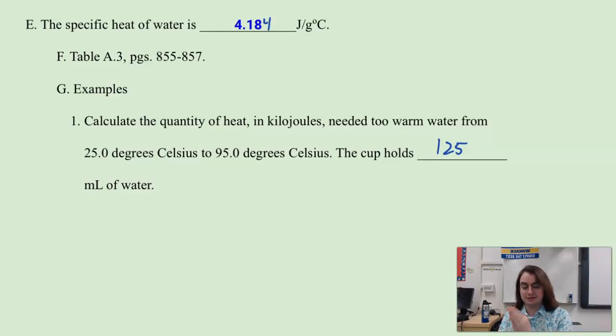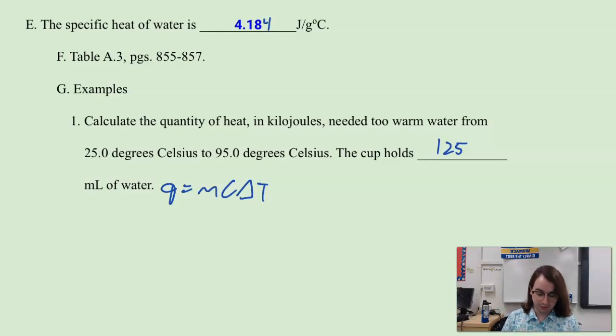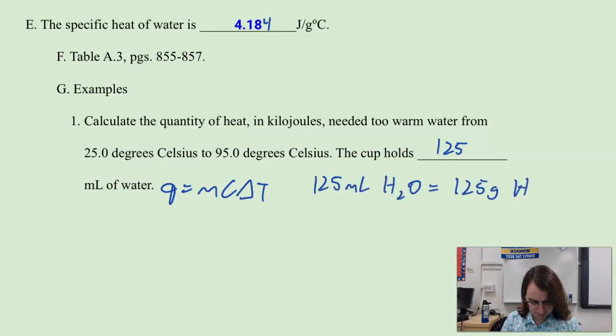Remember that the equation spits out joules, so we want to make sure that whatever we get in joules, we then convert into kilojoules. Don't forget that we can quickly convert our milliliters of water into grams of water thanks to the density of water. Because water's density is 1-to-1, we can just convert it.